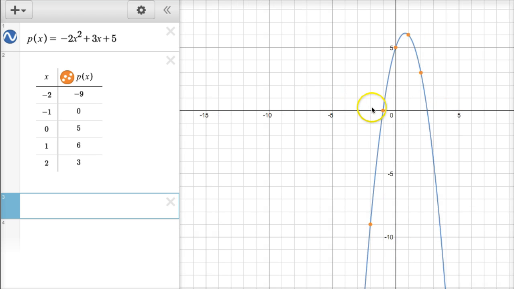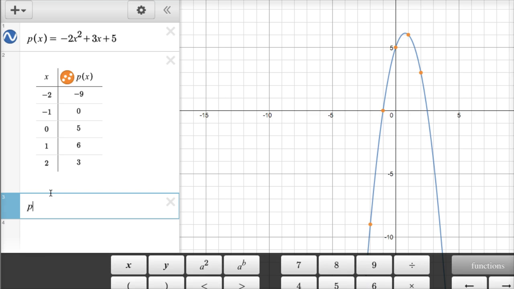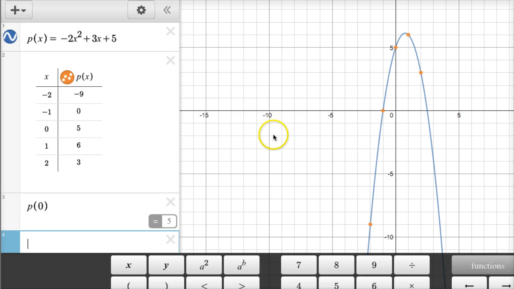So I could do this algebraically. I could plug in 0 for x and evaluate this equation. If I want to do that down here, I would write P of 0, and that gives me 5. It tells me that the answer to that is 5. Or if I want to do that graphically, I can go over here and I can see P of 0.